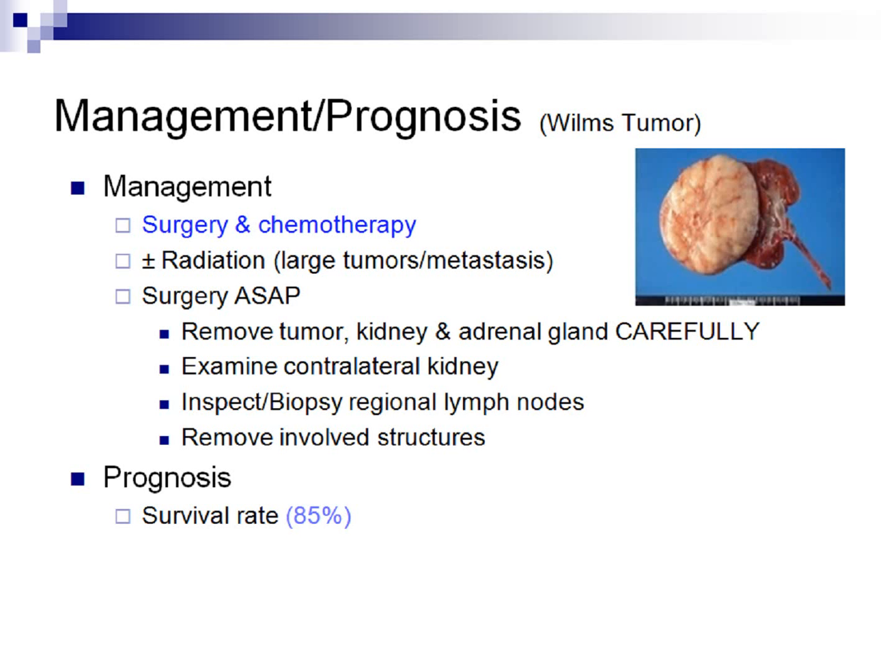In addition, they have to look at the other kidney and the other adrenal gland and make sure that there's nothing suspicious on that side. They will biopsy regional lymph nodes, and they're going to remove anything that looks suspicious while they're in there, sew them back up. And obviously, these kids actually do pretty well if it's diagnosed early and there isn't metastasis. There's a survival rate of about 85%.